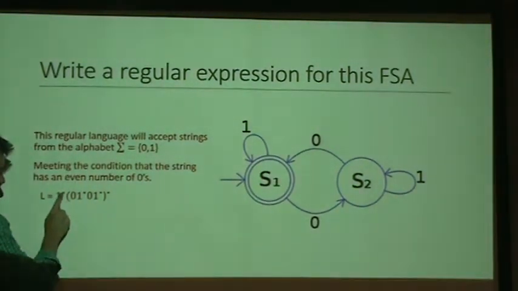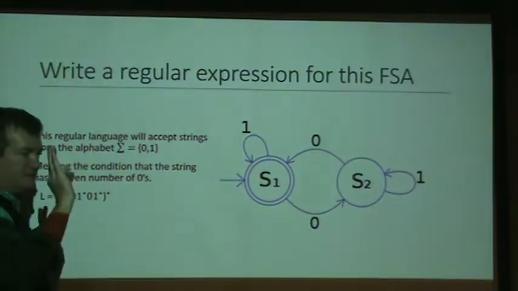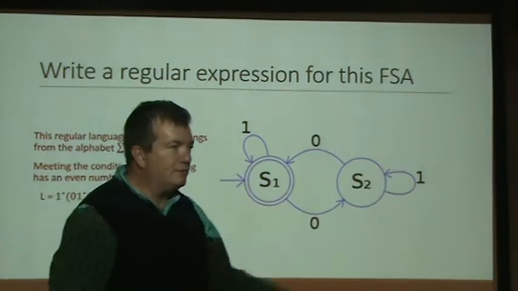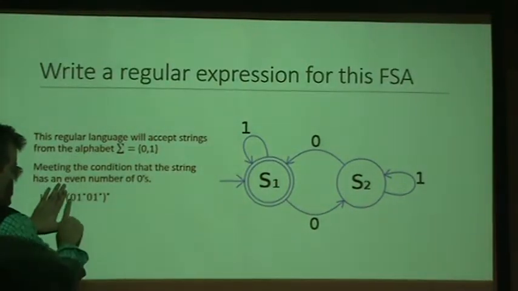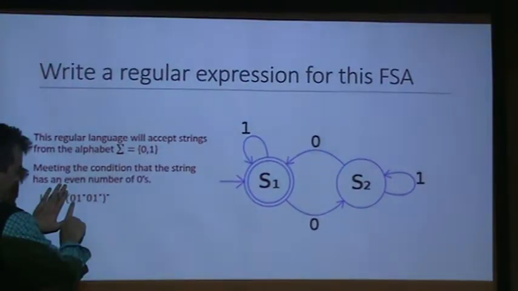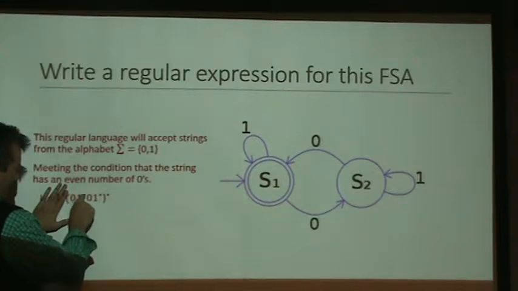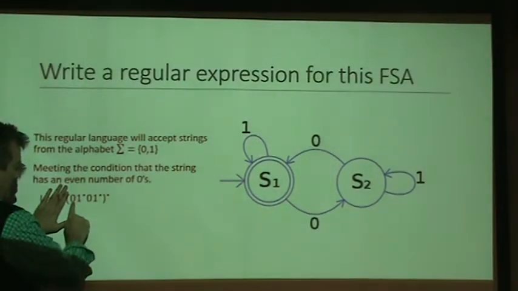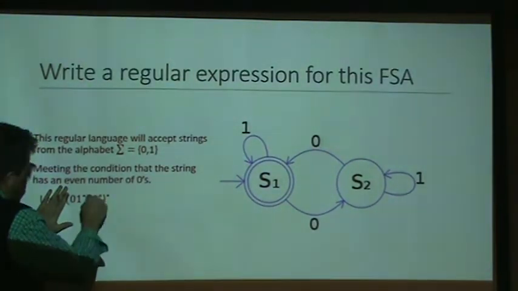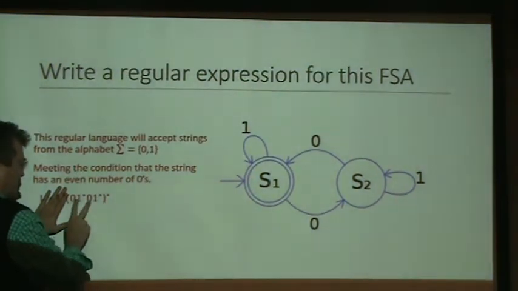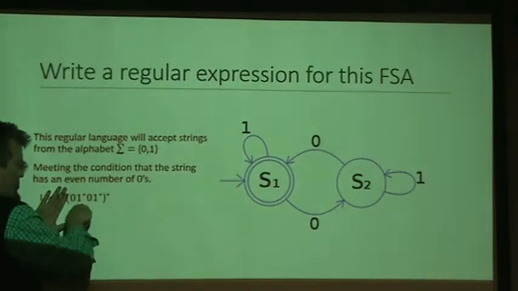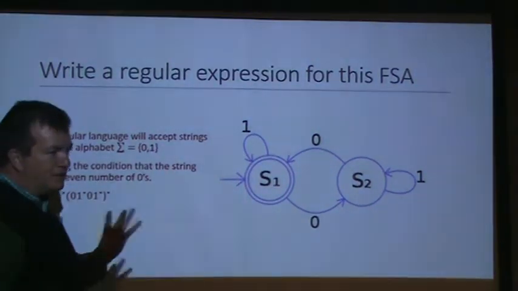So a 1 with a little star up here means 0 off to infinity number of ones. Then I'm going to read a 0, followed by maybe as many ones as possible. Then I'm going to read a second 0, followed by maybe more ones. And I could repeat this double 0 thing over and over and over. As long as the number of zeros comes out even, I'm fine.